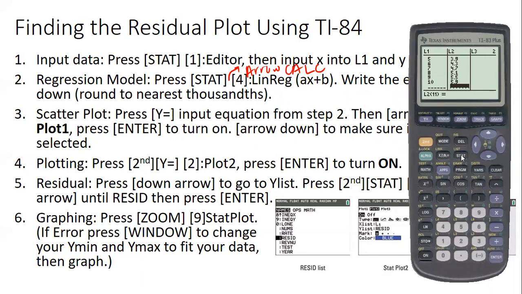Okay, so from the table, from our editor, we're pressing, what does it say? Stat, arrow over to calc, and we're pressing 4 LinReg. So stat, calc, do you see where it says 4 LinReg? Okay, on mine, I just have to press enter. On yours, you have to scroll down to calculate. I just have to press enter.